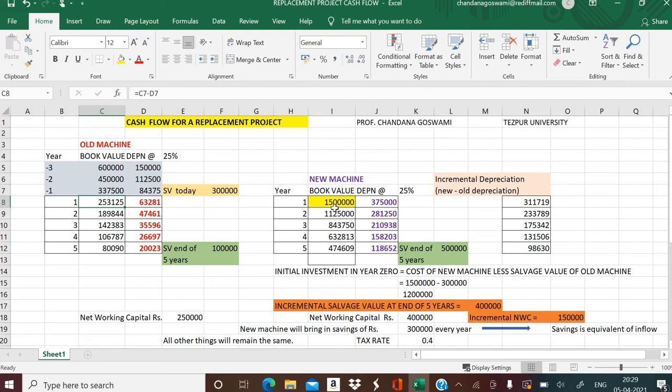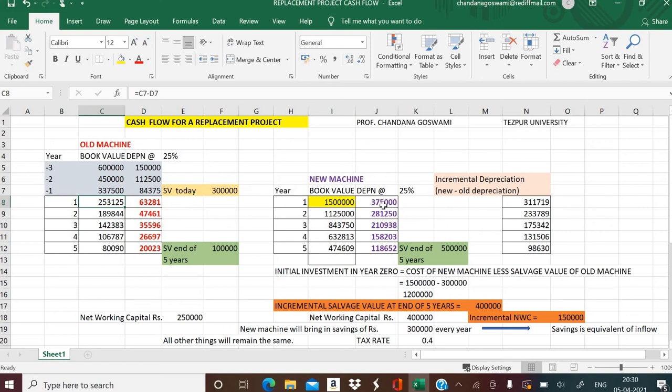And we are going to depreciate this machine also using this 25% written down value method. So what you have is depreciation of the old machine, depreciation of the new machine. And we are going to calculate what is known as incremental depreciation. That is new minus old.